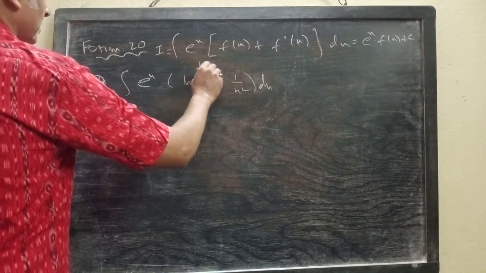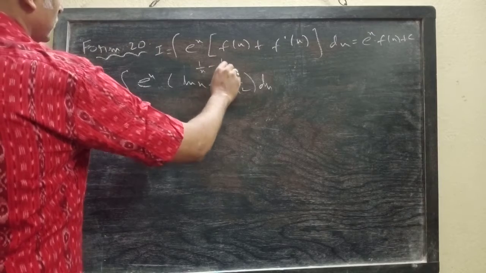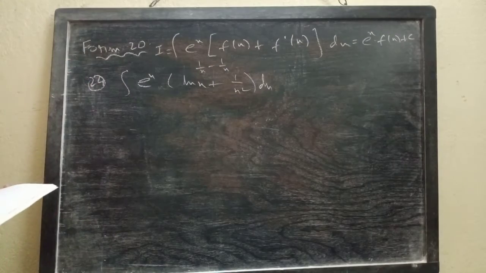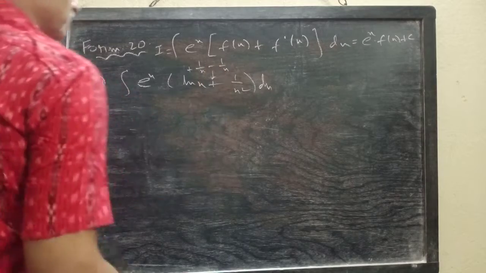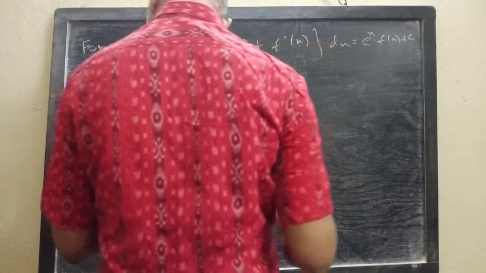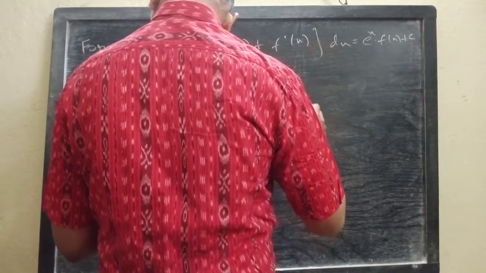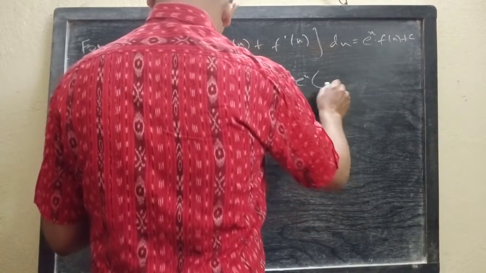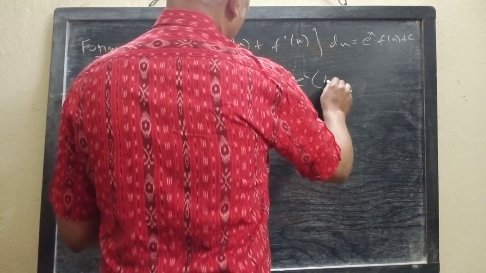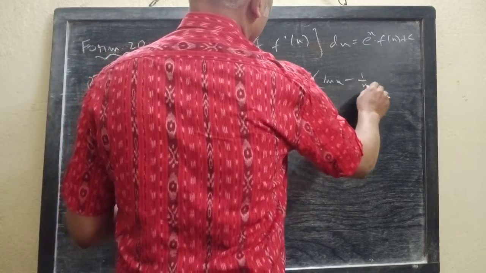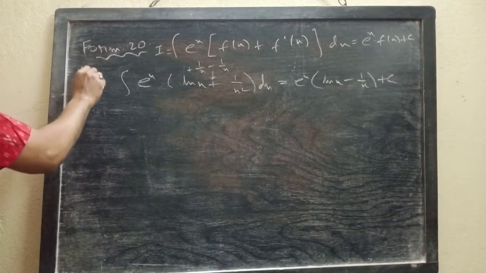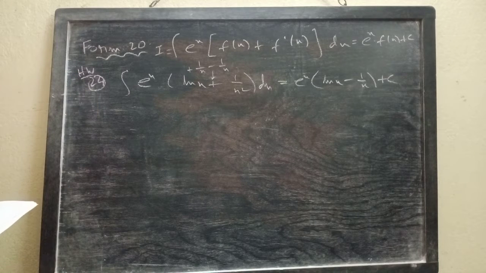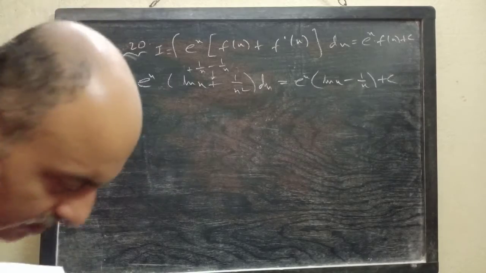Here the trick is you have to add 1 by x and subtract 1 by x. So your answer will be e to the power x into ln x minus 1 by x plus c. This is homework. Next question.